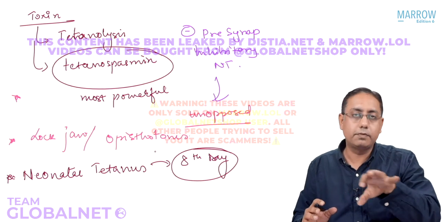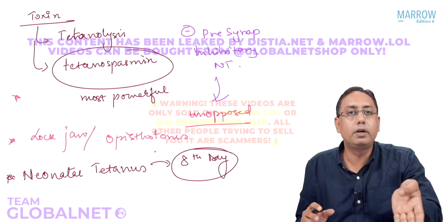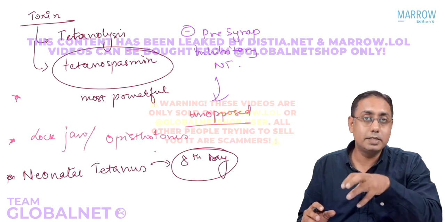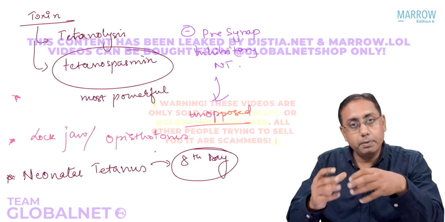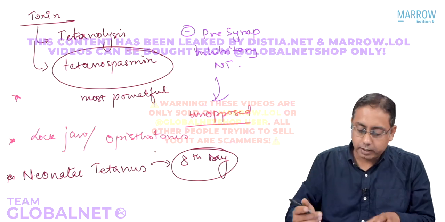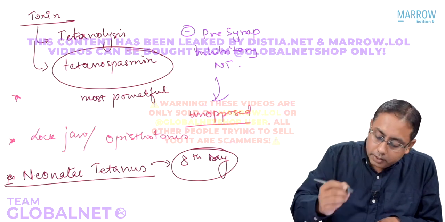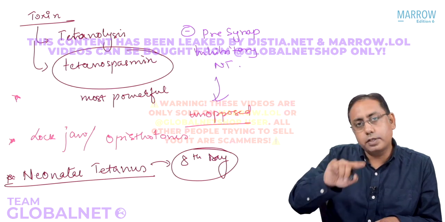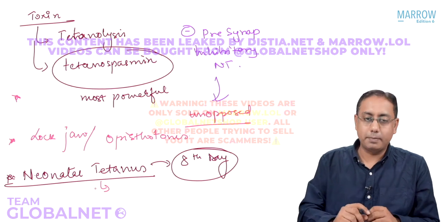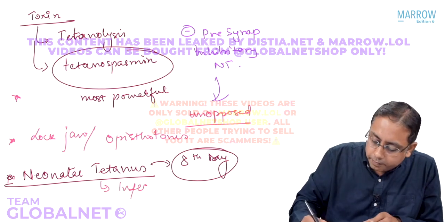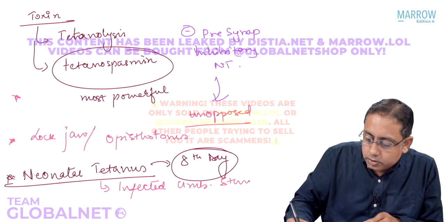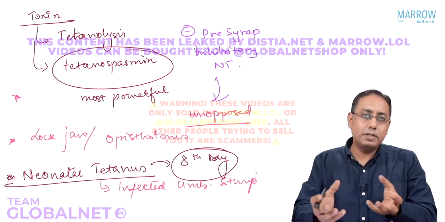Tetanus is of course also a point of public health importance, but neonatal tetanus is public health important because of the quantum of children who can be infected. The most common reason children get neonatal tetanus is infection from the mother, or particularly due to unsafe environment, due to infected umbilical stump. So these are the reasons by which we get tetanus.